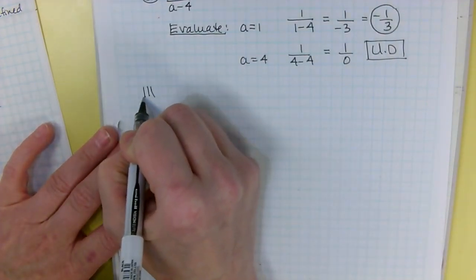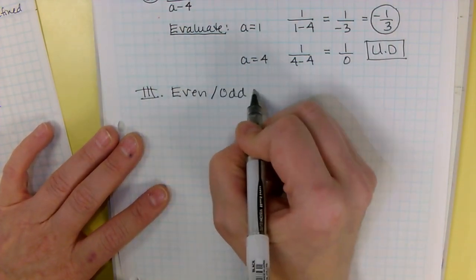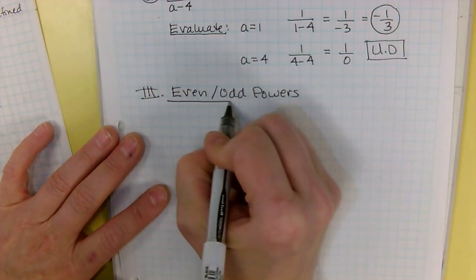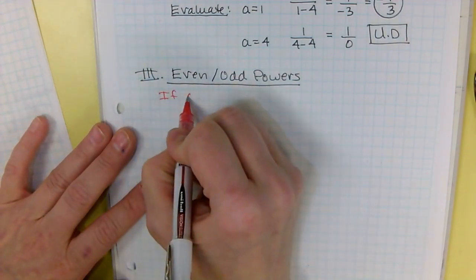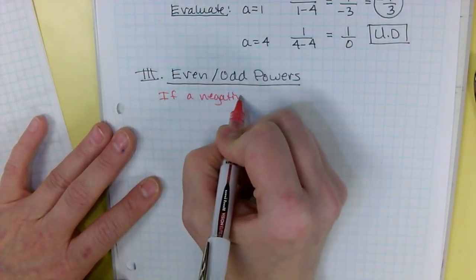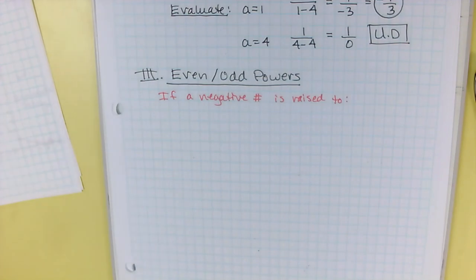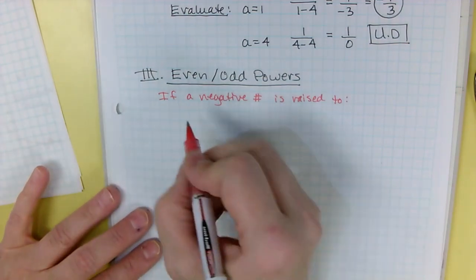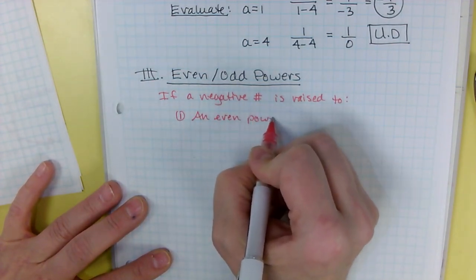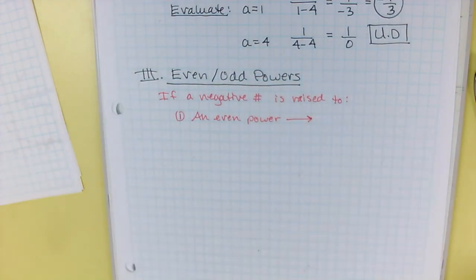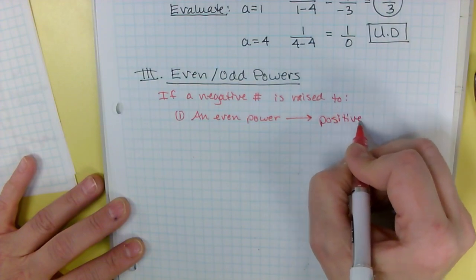Roman numeral 3. We've talked about this, but I want to get it in your notes. Even and odd powers. All right, so the rule says number 1, if a negative number is raised to an even power, the answer will always be positive.